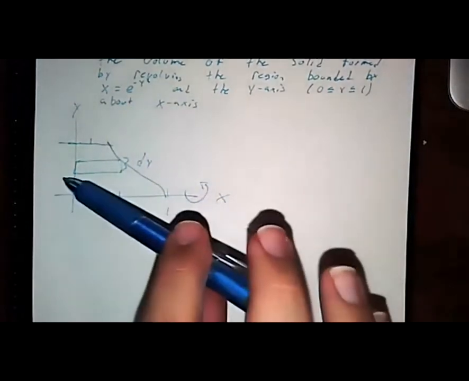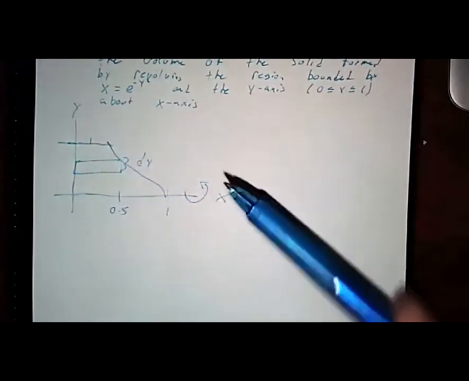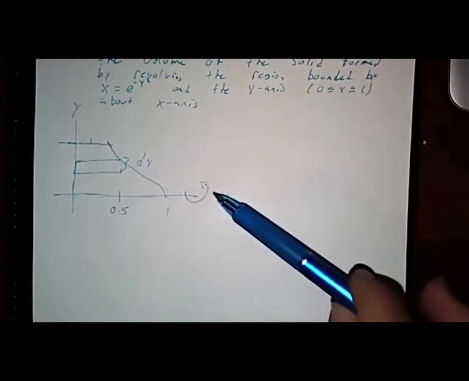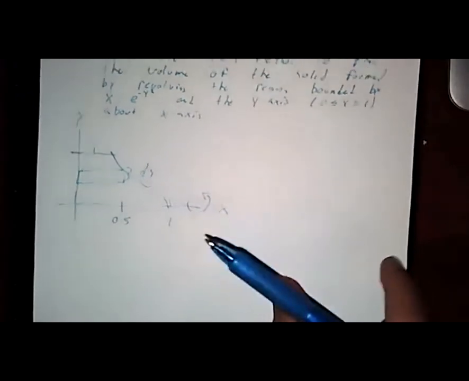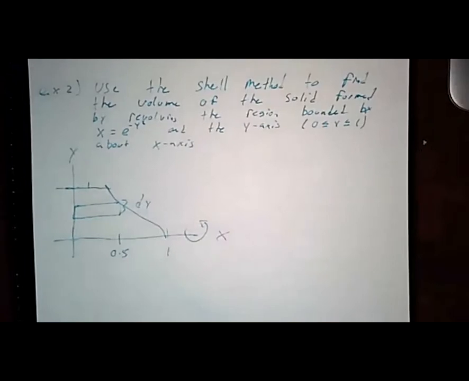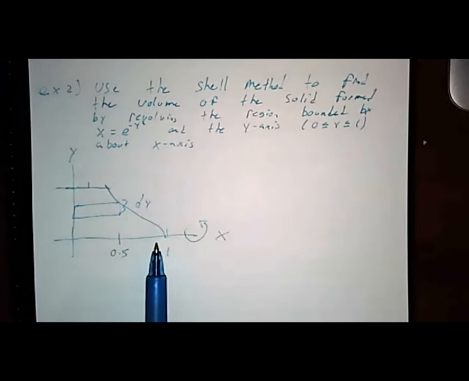If I choose to slice this way, then I have to use shell because the requirement is that it's parallel to the rotational axis. So that's how you're hinted at which technique to use. It's all based on where the rotation axis, the axis of revolution, is. Does that make sense?